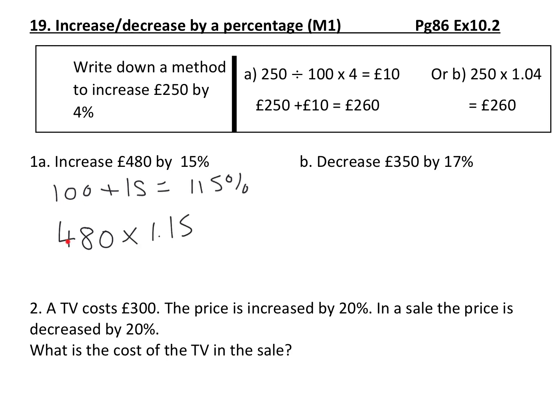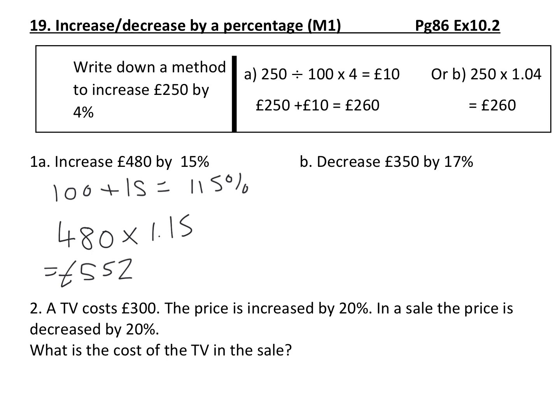So if we multiply 480 by 1.15, that will work out 115%, which will be the new amount. It'll be the 480 with the 15% added on. And that gives us 552, in this case pounds.